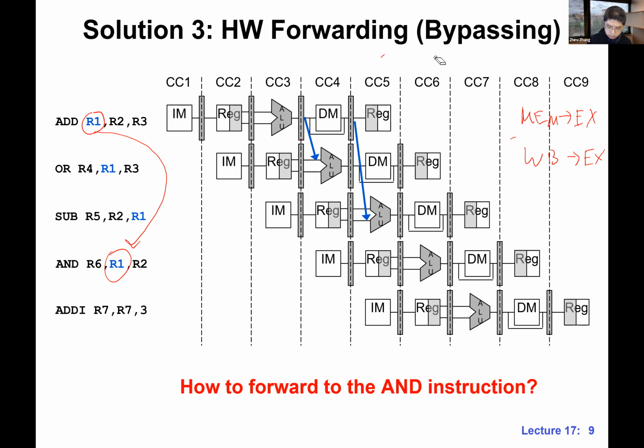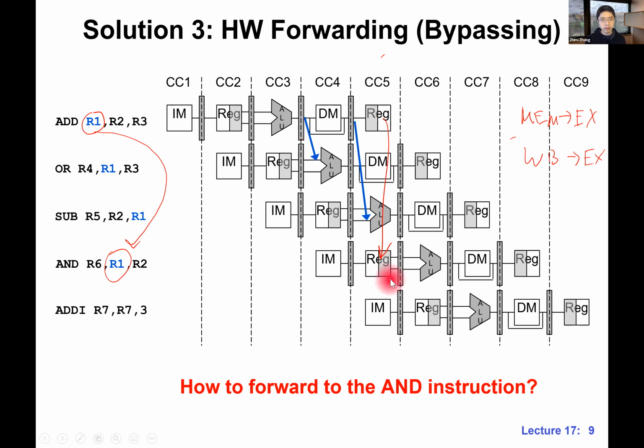So what he's really asking is, what's wrong with this, right? We talked about this last time. We are writing to a register. When we write a register, a register is like a delay element, right? The new value will not show up until CC6. But at CC5, we are already reading from the register file.